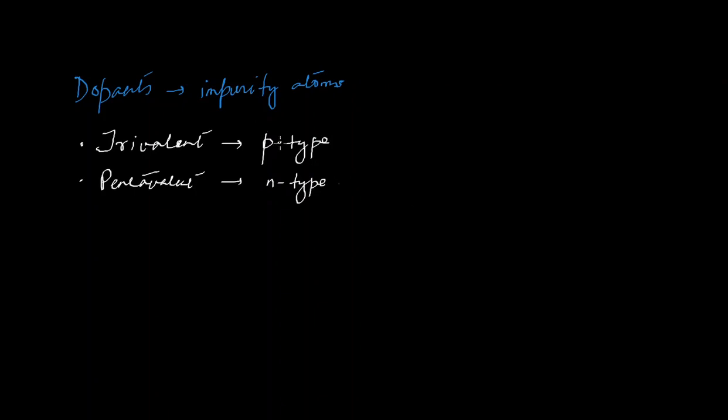They are the semiconductors in which holes are the majority charge carrier, whereas electrons are the minority charge carriers.